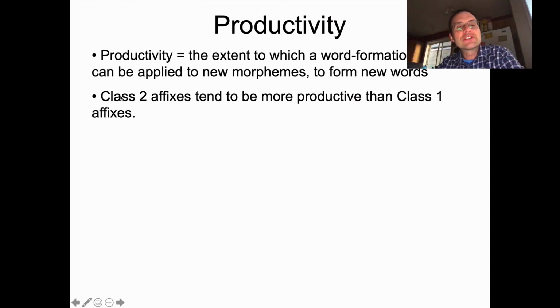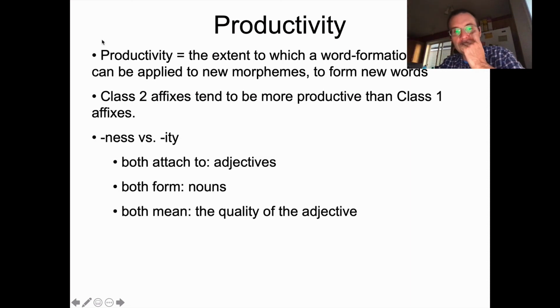So when this happens, class 2 affixes are usually more productive than class 1 affixes. And I think we'll see this fairly quickly with this example again of ness versus ity. Both ness and ity attach to adjectives, and they form nouns as the result of that process. Both of them have the same meaning. They mean the quality of the adjective that the suffix attaches to originally.